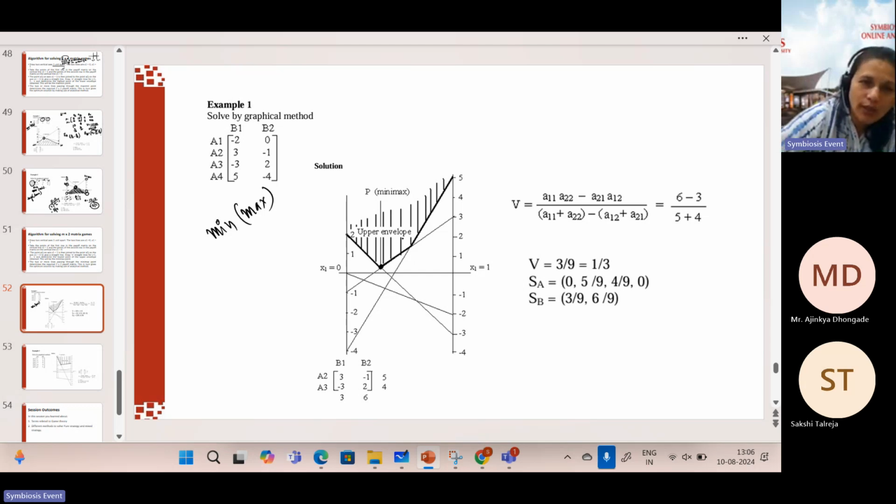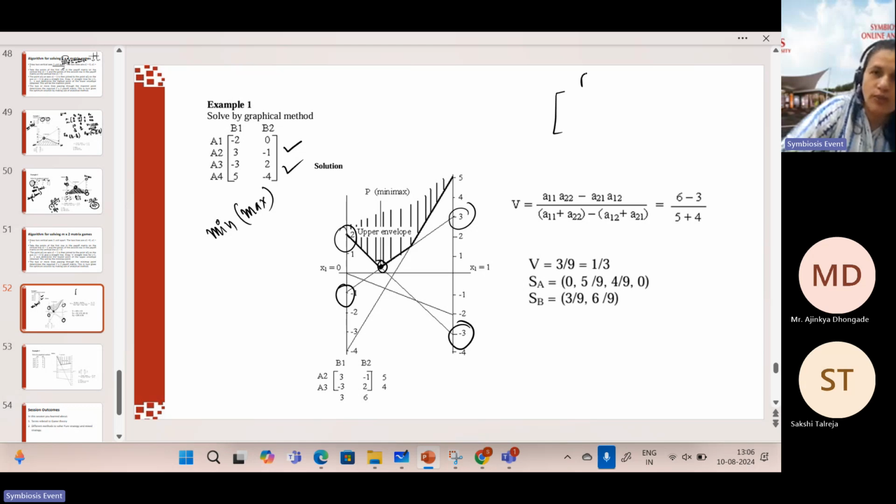So you got the upper area, and for that upper area you got this as the minimum point, which is made up of the strategies 3, minus 3, and this is minus 1. So if I compare it, I understood that I am left with A2, that is 3 and minus 1, and second is minus 3 and 2, right? So the reduced one, what I got here in the form of a 2 cross 2, is B1, B2, A2, A3 with figures 3, minus 3, minus 1 and 2.